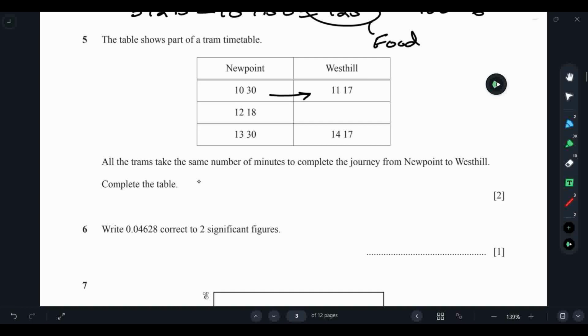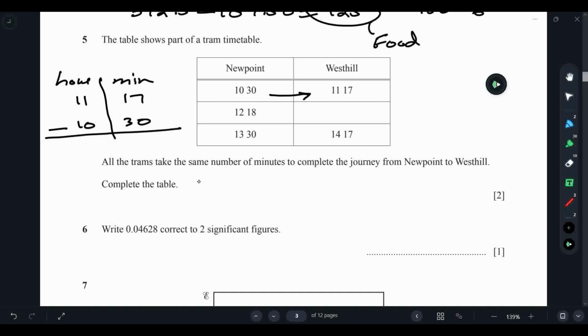This side is hours and this side is minutes. In the first one they have 10 hours 17, and we have 11 hours 30 minutes, and we need to find the difference.